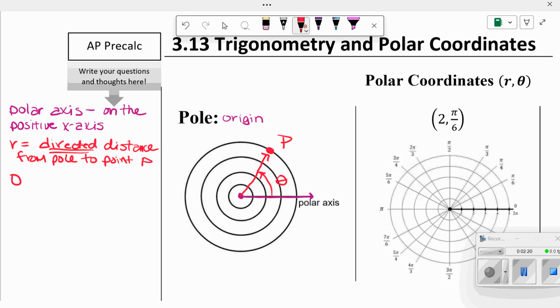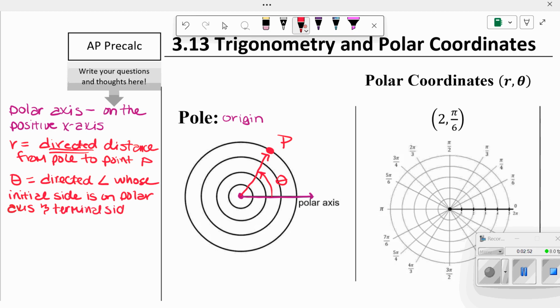Now the other thing that we need to know is theta. What angle do I need to go to? This is the directed angle. Again, that word directed is coming in there. Directed angle, whose initial side, remember that's the starting side, is on the polar axis, and the terminal side, that's the side that it ends on, is the side that connects the line to OP.